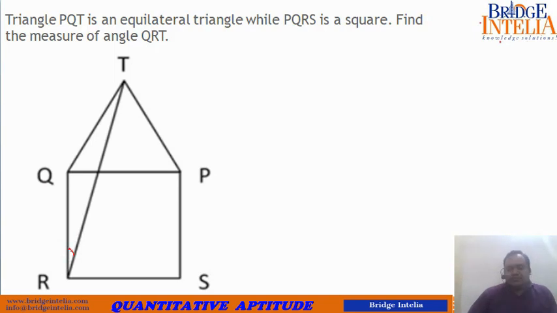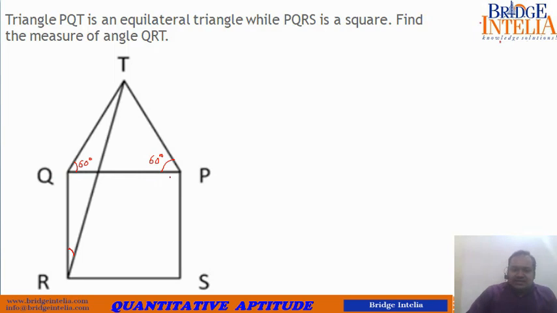So first things first, what is given? It is given that PQT is an equilateral triangle. So equilateral triangle means this is 60 degrees. Similarly, this is also 60 degrees, because it is an equilateral triangle. And PQRS is a square.